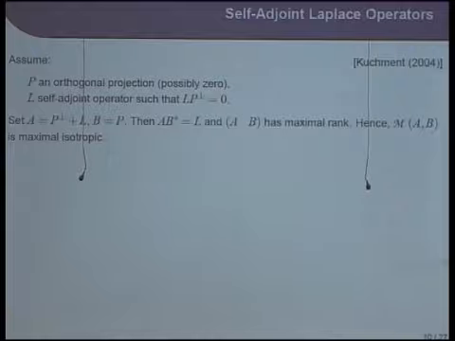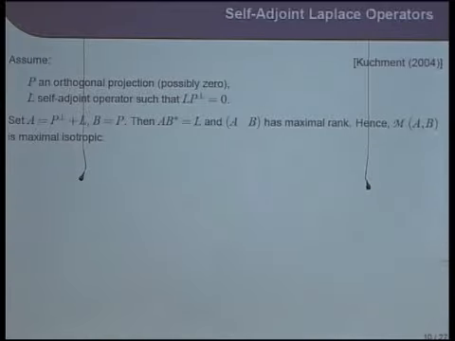Let L be some self-adjoint operator, a self-adjoint matrix, with the property that it annihilates the complementary subspace to the range of the projection P. And now we say A is the sum of P orthogonal plus L, and B is simply the projection.